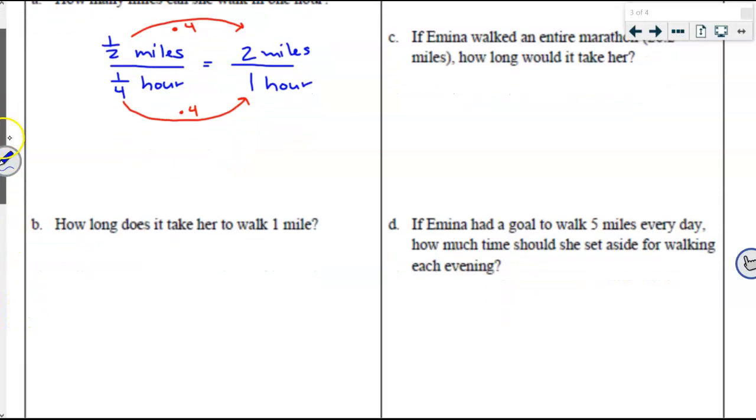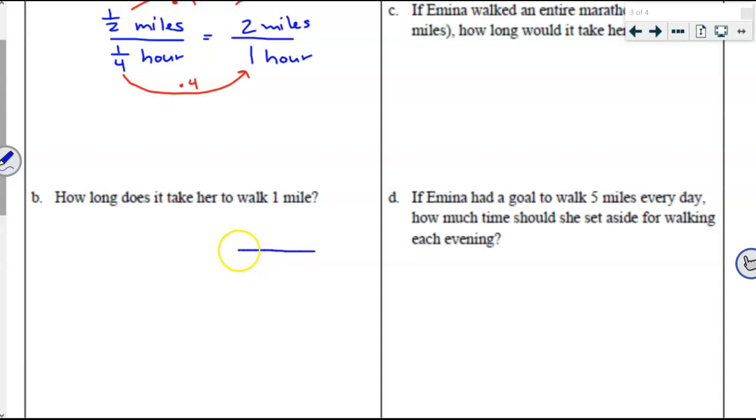Now the reverse. How long does it take her to walk 1 mile? So again, now I know that 1 mile is going to be here in the bottom, which means it's here in the bottom at the beginning of the problem. And that means hours is going to be on top this time. So 1/4 of an hour, 1/2 of a mile. This 1/2 of a mile is going to be changing to 1.